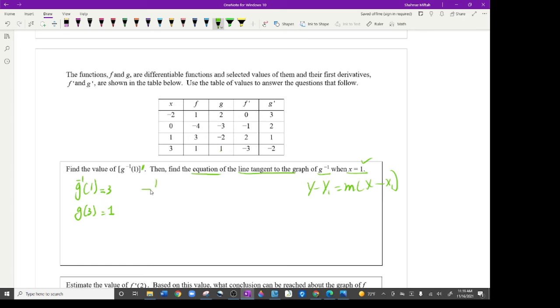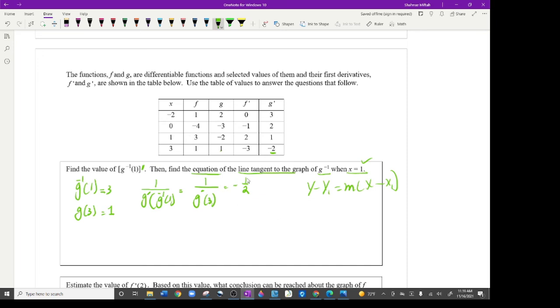Now I need a derivative, which is 1 over g prime of g inverse of 1, and I'm going to plug in everything I know. g prime, this is 3, so here is the g prime and the x value is 3, then what is the derivative? It's negative 2. So my answer is negative 1 over 2 for the slope.